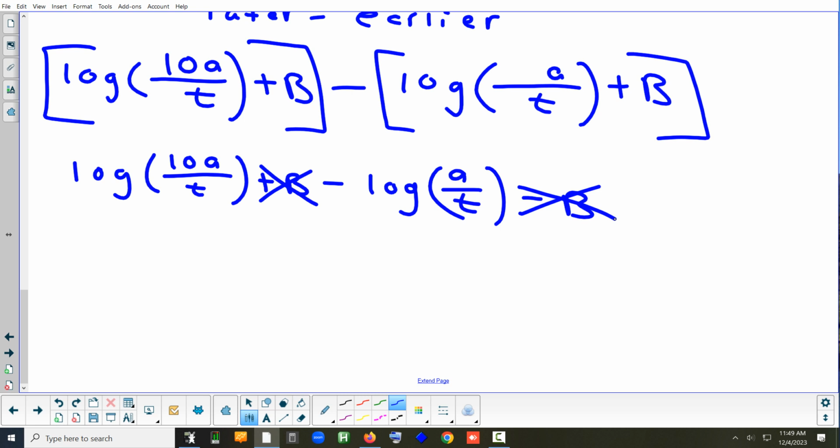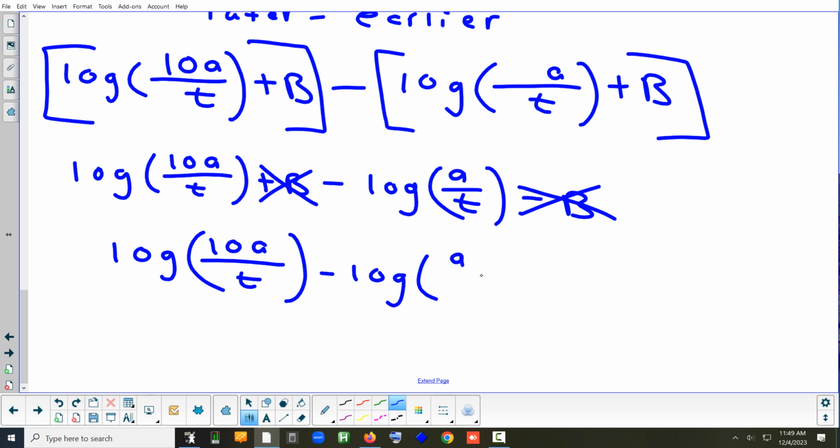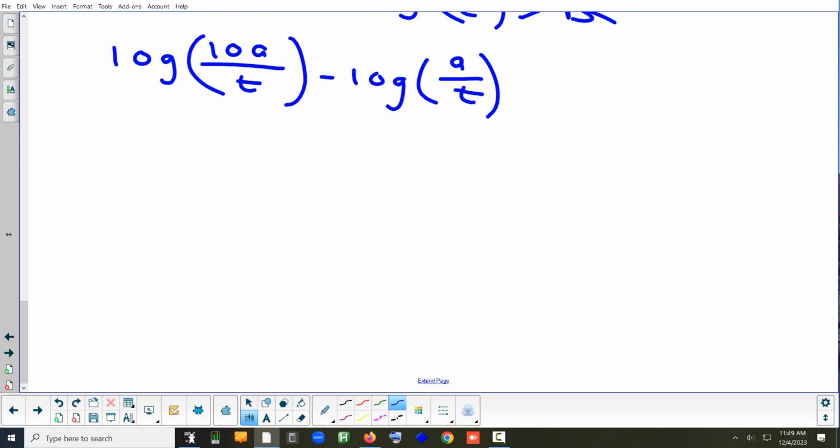So let's see what happens. So now we've got log 10A over T minus log A over T. In each argument, what operation do they both have? Division. When you have an argument that's division, you can split it into two logs. How does it split?